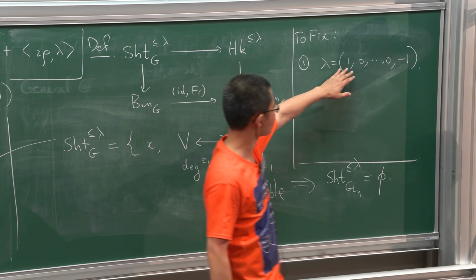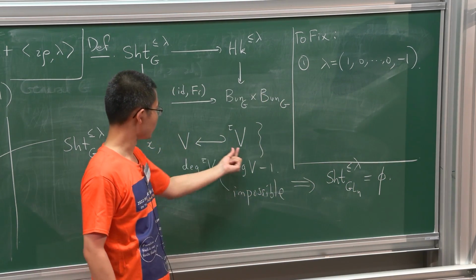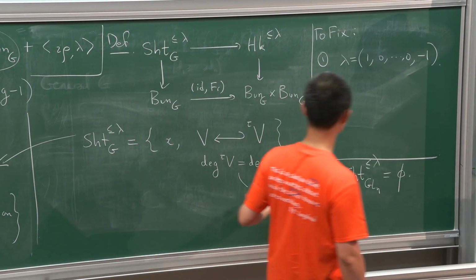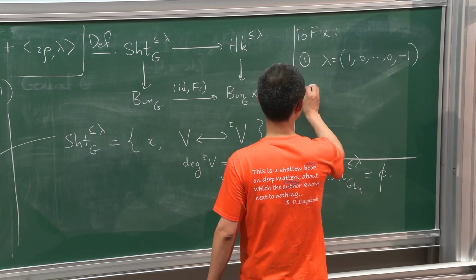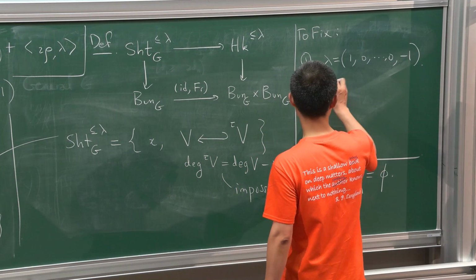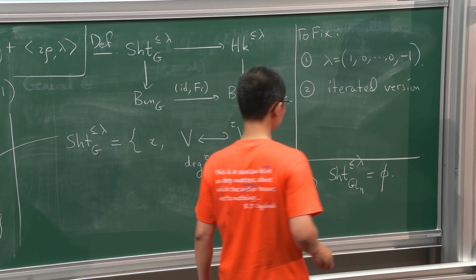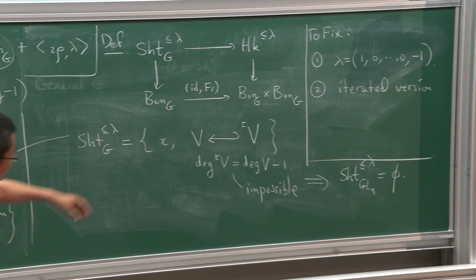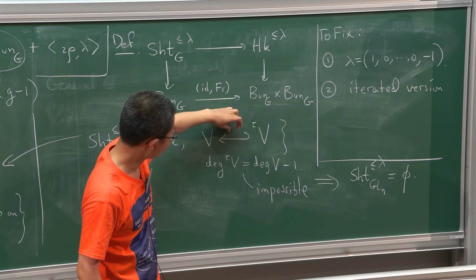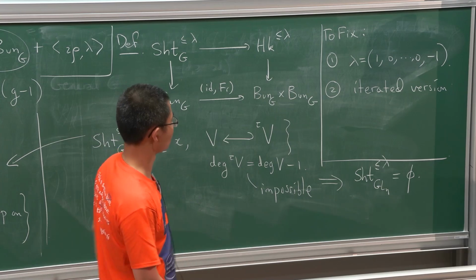The point is the sum of these integers should be 0 in order for this bundle and this bundle to have the same degree, in order not to violate this constancy of degree. Or you can introduce an iterated version. You can have some intermediate bundle between V and the Frobenius pullback of V that is, let's say, degree 1 smaller than both. That also works.